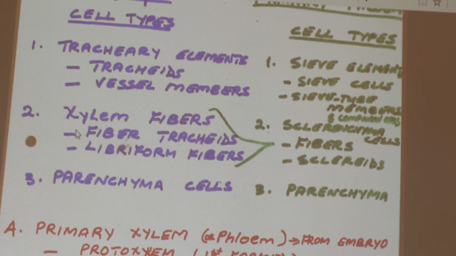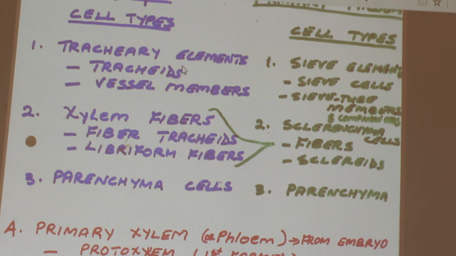And for support, whereas in the xylem we have fibers only, in phloem we have fibers and sclereids. In short, we have sclerenchyma. We don't have sclerenchyma in the xylem, only the fiber component of the sclerenchyma.